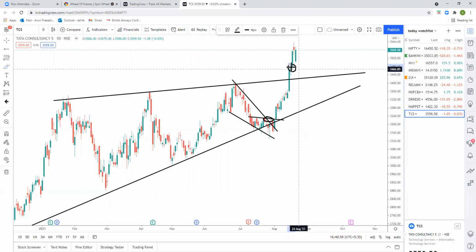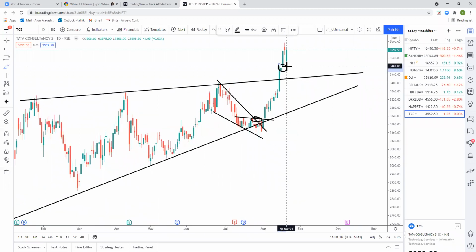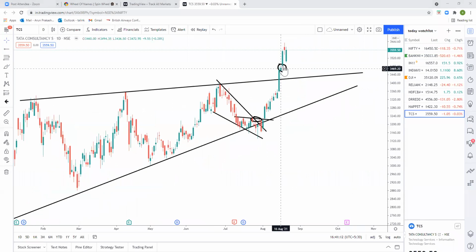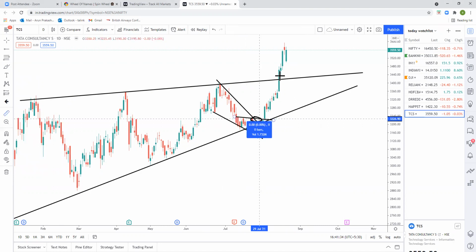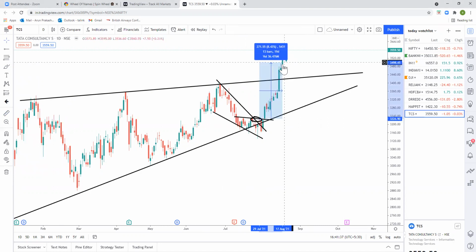He was not comfortable holding on to it, only because after this day, 16th or 17th of August, global markets started to fall. We had a fall in the last 2-3 days. So he was asking me every day, sir, should I hold on to this TCS or should I close my trade? Now, for someone who has bought TCS here, he's sitting on a profit of almost 8% around these levels.